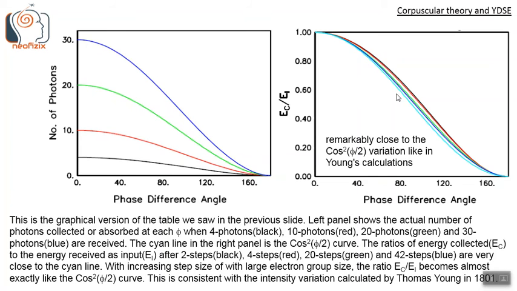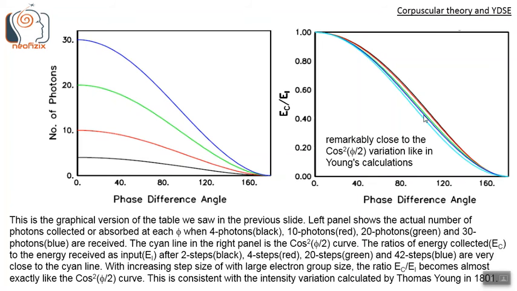This ratio EC by EI is nothing but the blue line normalized by the number of photons received. The blue line is receiving 30 photons, but at 80 it's only absorbing 20 photons, so 20 by 30 will become 0.6 something here. So we normalize each of these lines by the number of photons received to get the lines plotted here.